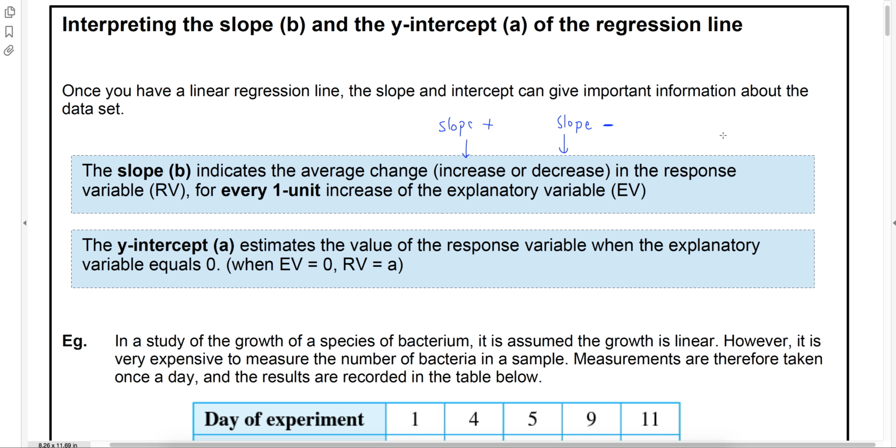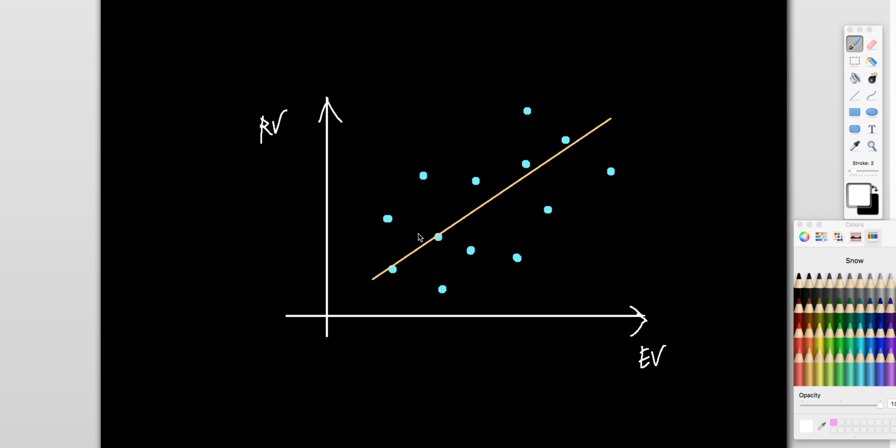The reason for this, if I might go to another little diagram: if you have a look at this here, this is a line fitted to some data. I just did it by eye. If I have a look at the slope, that is the rise over the run. Say, for argument's sake, this was 1 unit, and this was 3 units.